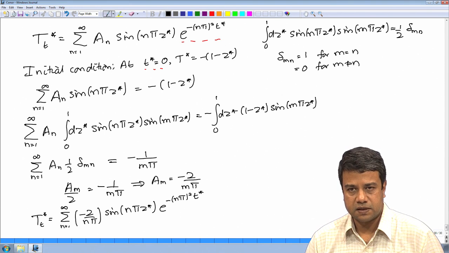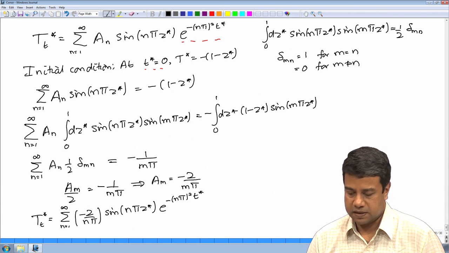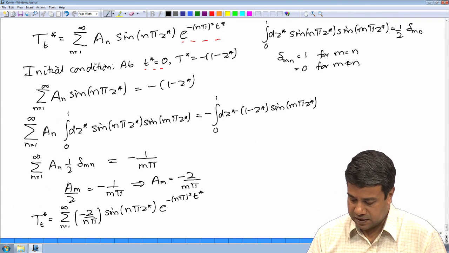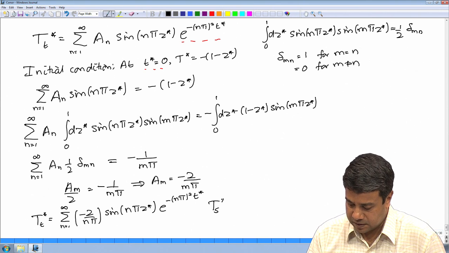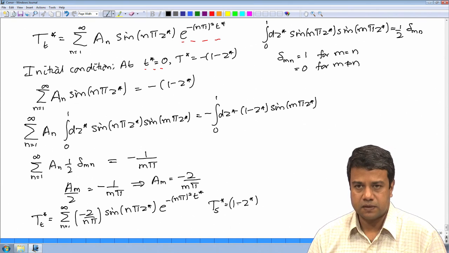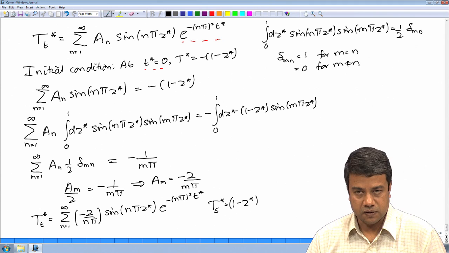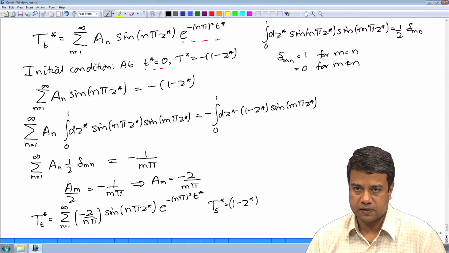That is the solution for the transient temperature, and of course, the steady temperature is just 1 minus z star. So, the total temperature is equal to the sum of the steady temperature plus the transient temperature. So, that is the total temperature. That is the solution for this problem. It is the formal mathematical solution.